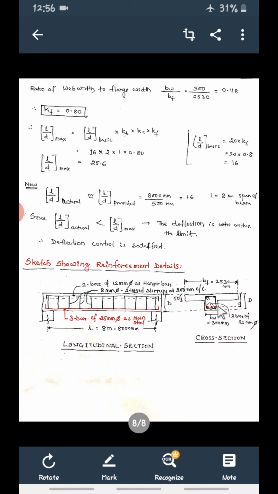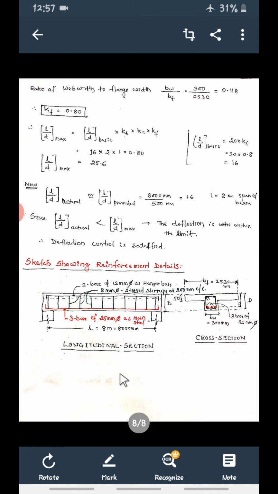Here these 3 bars at the bottom, these 2 anchor or hanger bars at the top, and this is the stirrup. So this is the cross section, and this is the longitudinal section. This is the design of a flanged beam, that is, a T beam.